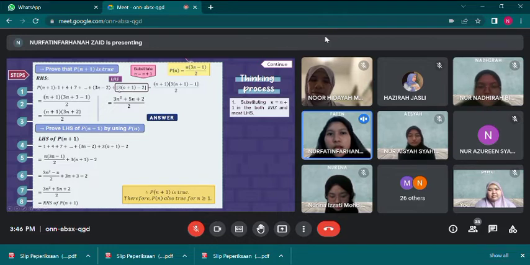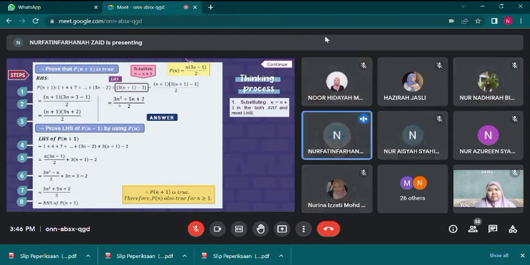Calculate the solution until you get the answer. You can solve it until you get a standard linear equation, but to keep it simple and avoid any mistake, I will stop at (3n squared plus 5n plus 2)/2.